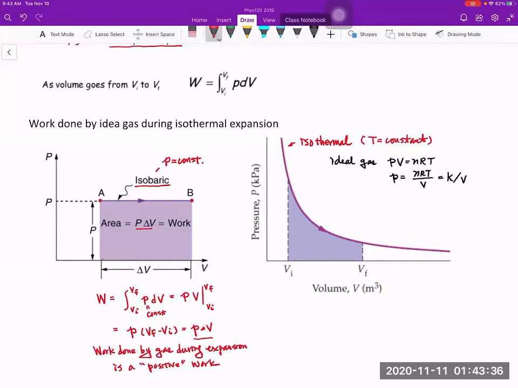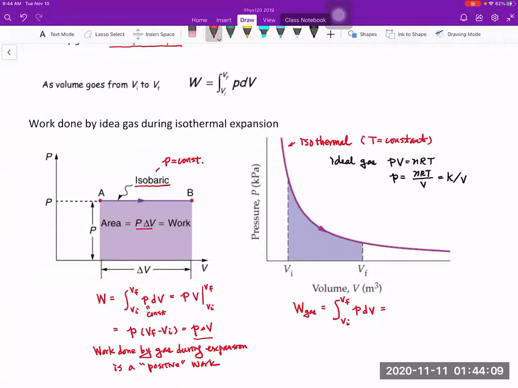The thing we are interested in is, if this is a process, then how do we find the work done by the gas? Well, when you look at the work done by the gas, you use our definition of the work done by the gas as the integration from initial volume to the final volume of P times dV. But this time, the P is no longer a constant.